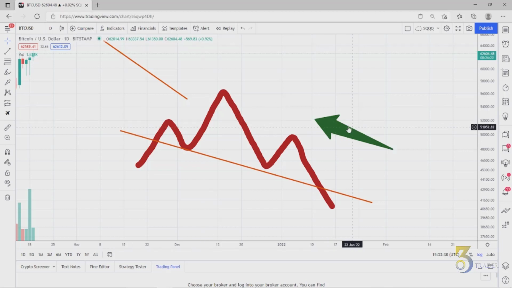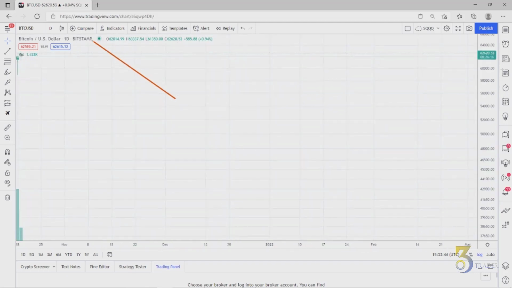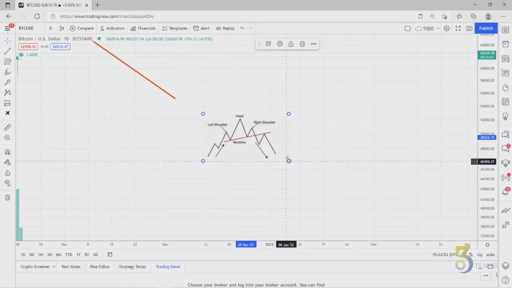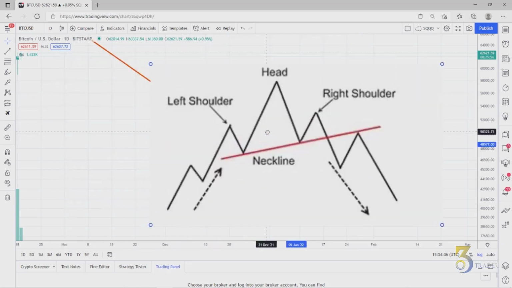Now, I want to talk a little bit about volume, because volume has everything to do with what's happening. Let me bring this picture back. I'm going to open this up a little bit so y'all can see it.